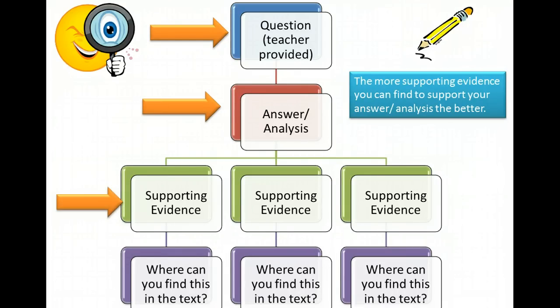And as far as I'm concerned, if you can get a couple of supporting evidence pieces to back up what you're saying, especially in the theme paragraph, to get an A, 2 to 3 is great. Anytime you're asked to provide evidence, 2 to 3 options is phenomenal. And past that, don't forget to cite. That's where can you find this in the text is coming from. So don't forget the citation is really important.